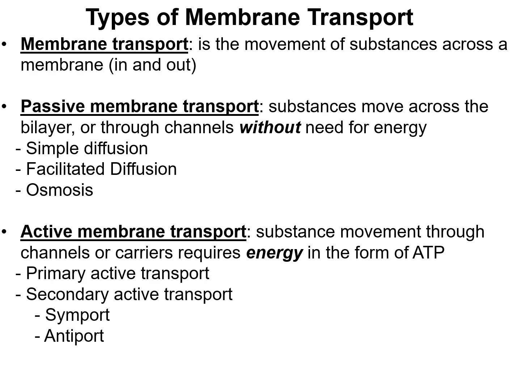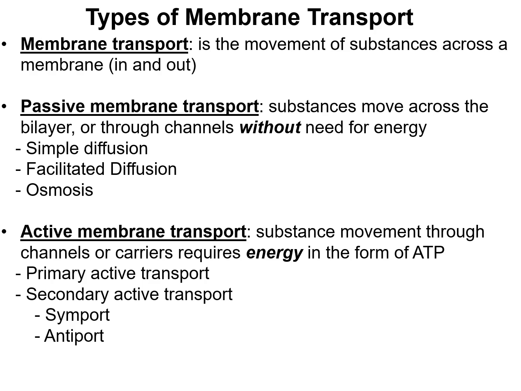The second type of membrane transport is active transport. The difference between diffusion, or passive membrane transport, and active membrane transport is that in active transport, molecules move from the area of low concentration to the area of high concentration. And this process requires energy in the form of ATP.